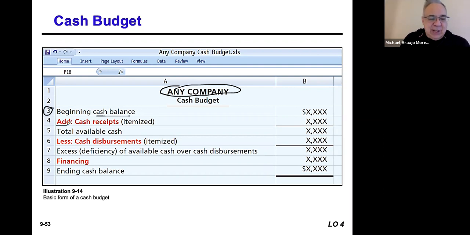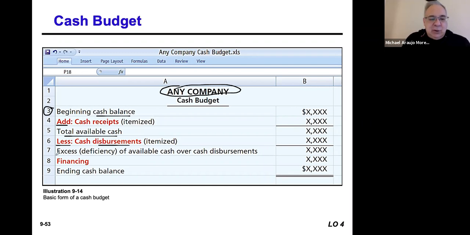You're adding into it all the cash you expect to receive in that period of time. That'll give you the total available cash you have for that period. Then you subtract out your disbursements, right? Any bills and other things that you expect to need cash to pay that's going out. So those are your disbursements.